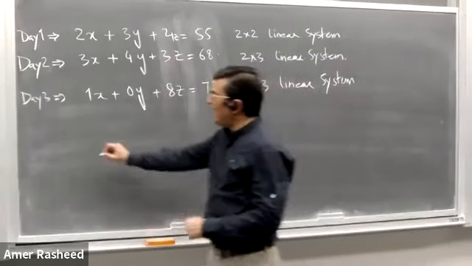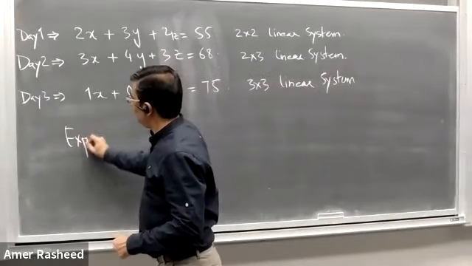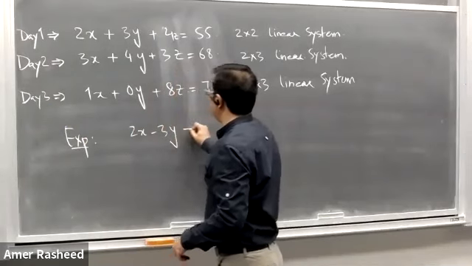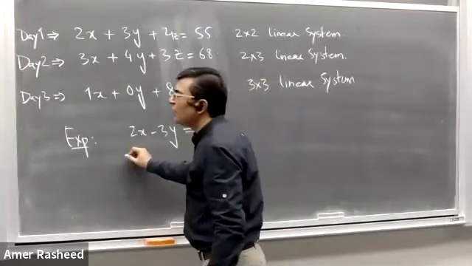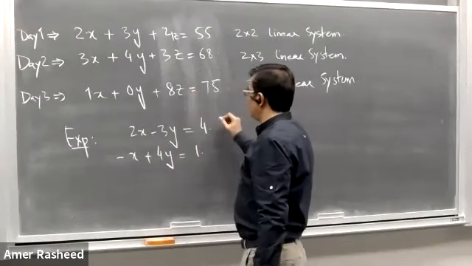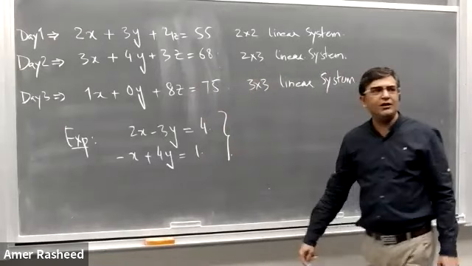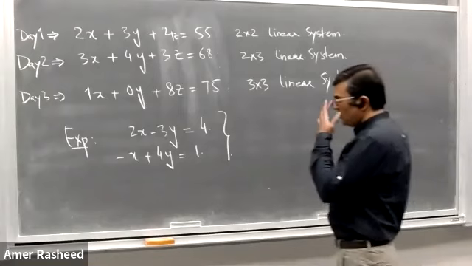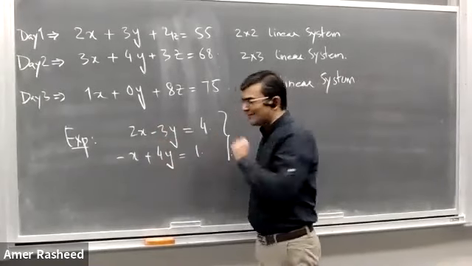For example, if we have the linear system 2x minus 3y is equal to 4, and the other one is minus x plus 4y is equal to 1. So this is basically a linear system in 2 equations and 2 unknowns. We need to find the values of x and y.